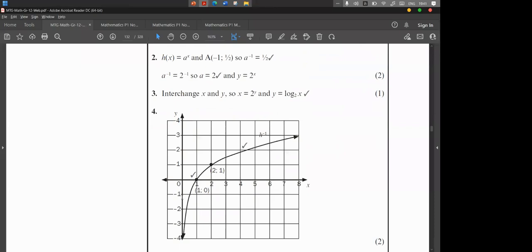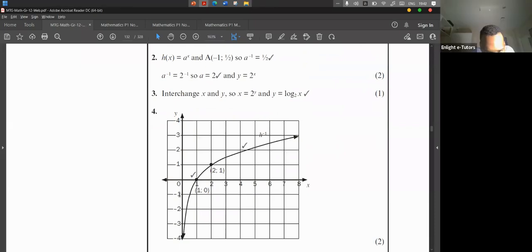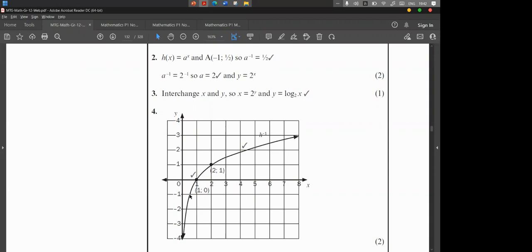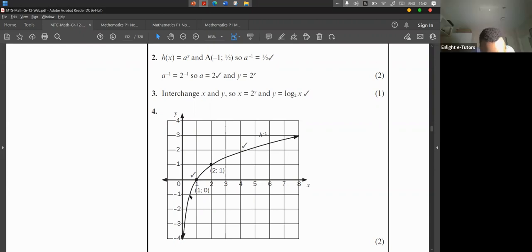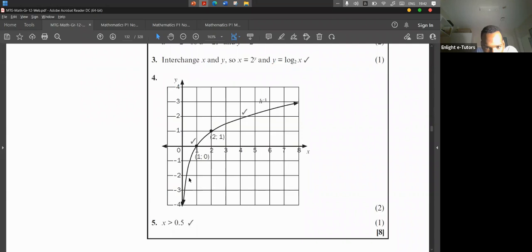Where the inverse is less than -1, which means it's this part, below. From this one going down, which means it's only this side. So it's from -infinity to -1.